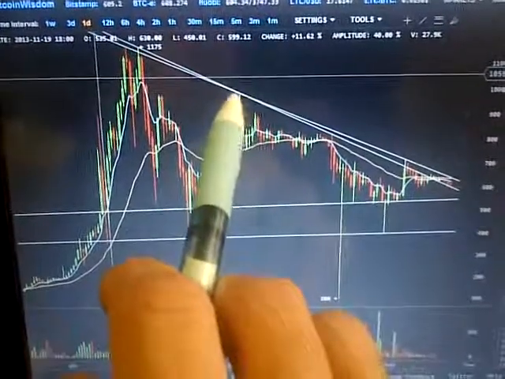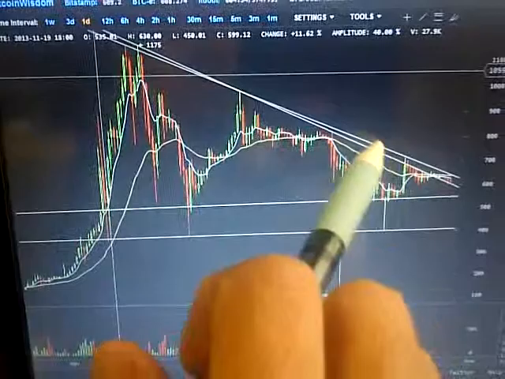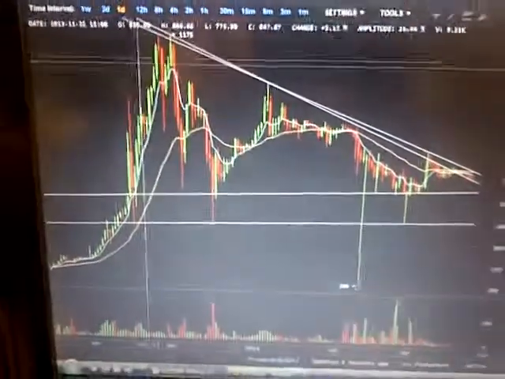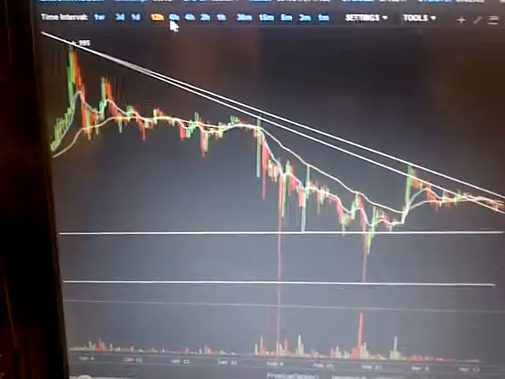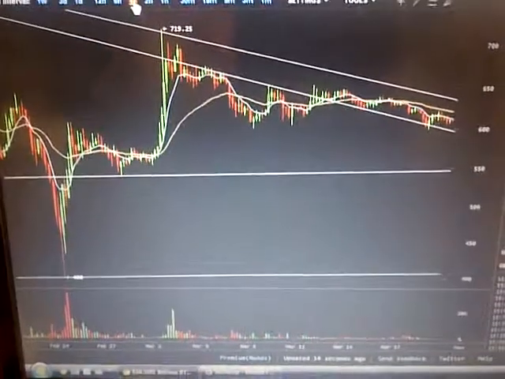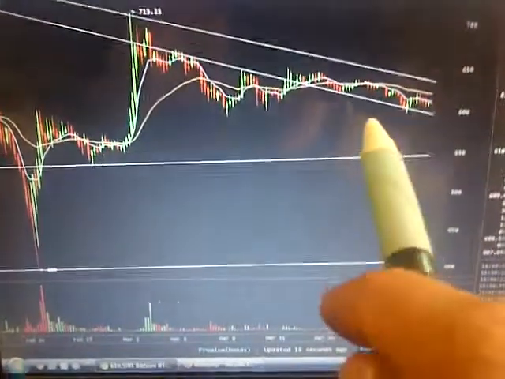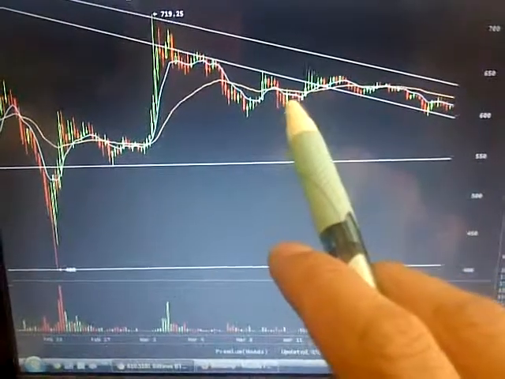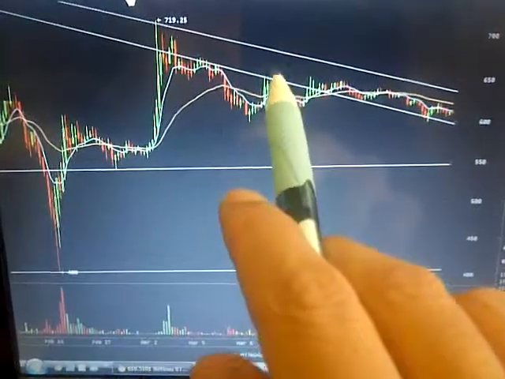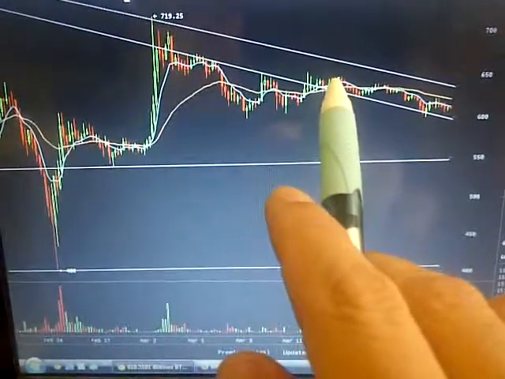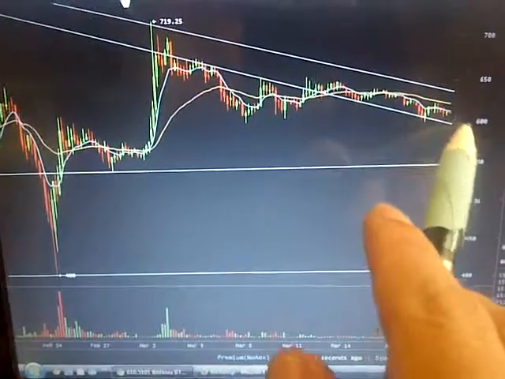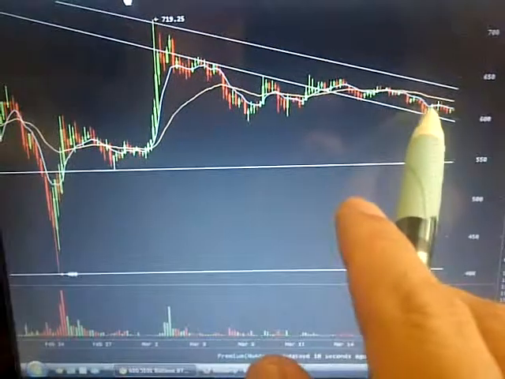I took this line and this top, and if I zoom in, what you're seeing is a little tiny channel in which it's following. On the 4 hour it looked like it broke out, came back down, tried it again, broke out of it, but doesn't know what to do, so it's just slowly following this very small channel right here.